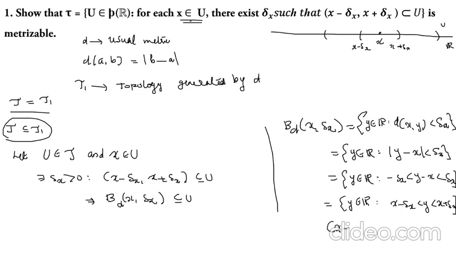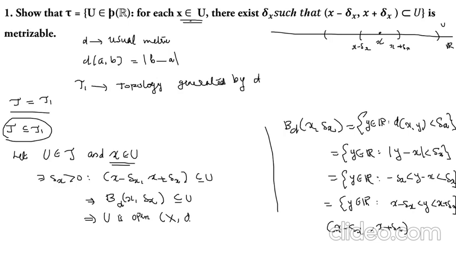So this is equal to the open interval (x minus delta_x, x plus delta_x), which can be rewritten as B_d(x, delta_x). So we get it is a subset of U. That is, if we take any element from U, there is an open ball with center x and radius delta_x contained in U. That means U is open in (X, d).